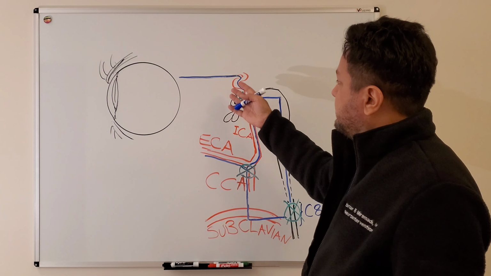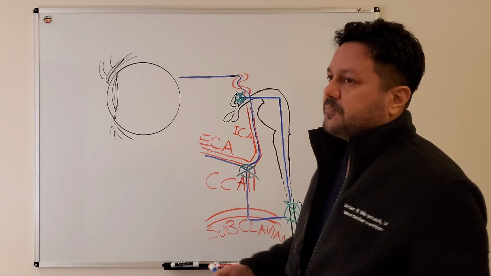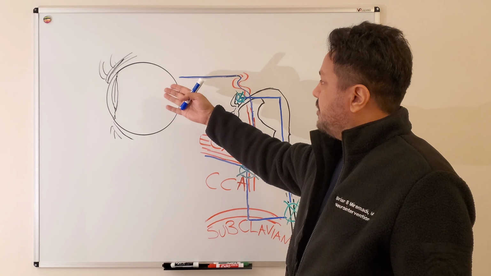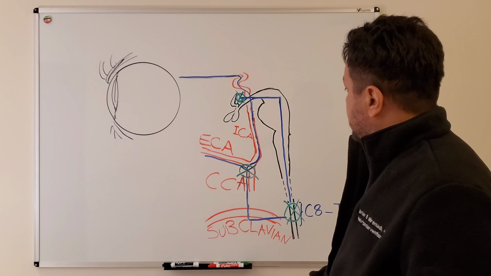The reason for that is this part, the last part, the postganglionic part, is not functioning, and there is no neurotransmitter there to even be released.